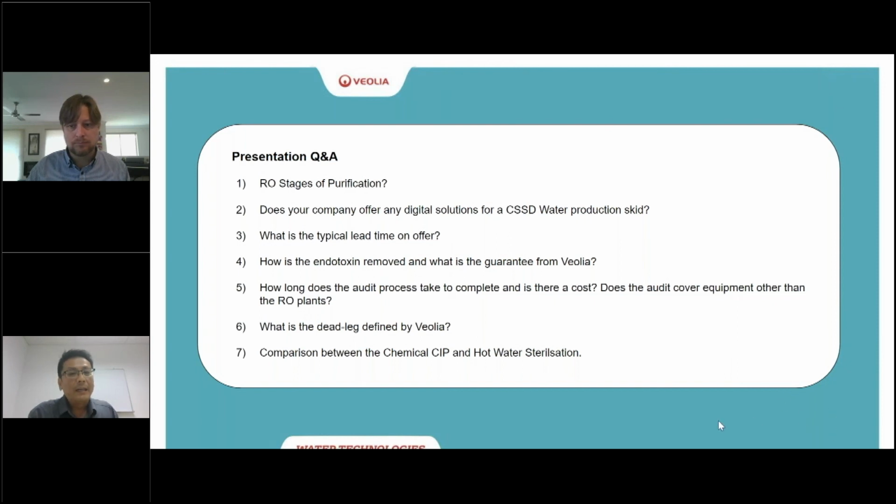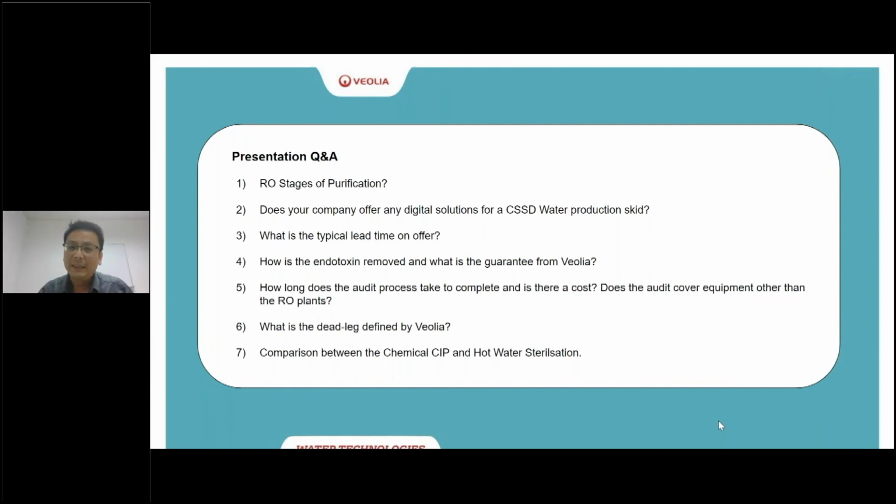I think for the first one, the objective of the CIP or HWS is to remove the biofilms or to reduce the viable bacterial count, or free floating bacteria, from the loop itself. And the selection is covered by the materials of construction of the system itself. In this case, I'm referring to the main ring or the distribution loop, the CSSD water.